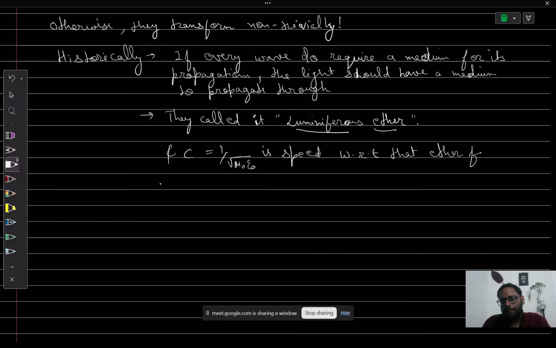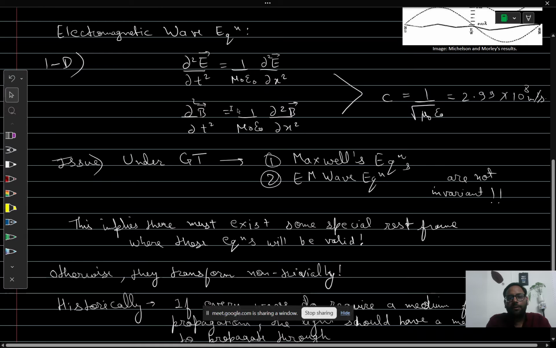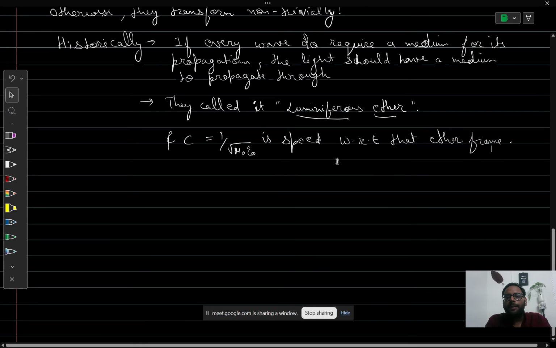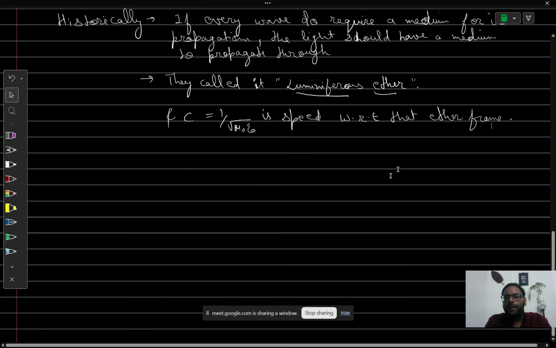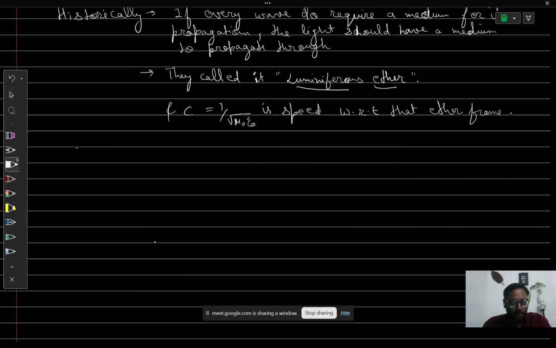They considered that because this particular equation is only valid for a particular rest frame. The resulting speed would be with respect to that ether frame, which should be at rest according to them. This ether defines a perfect rest frame.